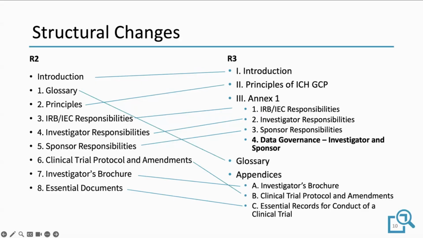Within Annex 1, we still have the sections carried over for IRB and Ethics Committee responsibilities and investigator and sponsor responsibilities, but now there is an entirely new section on data governance that applies to both investigators and sponsors. Then the IB protocol and essential records sections have been moved to appendices that will apply to studies in Annex 1 as well as to all the other annexes.